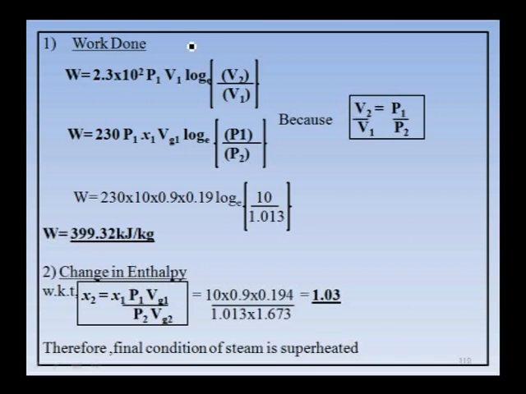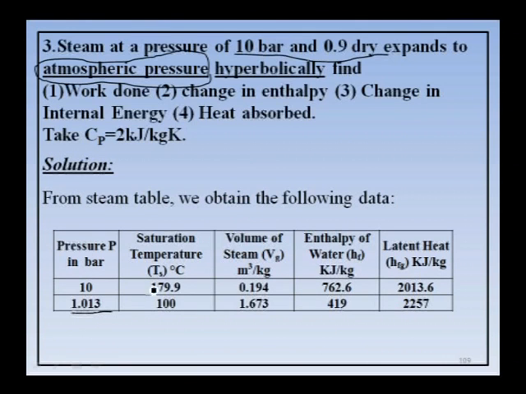In a hyperbolic process, work done W is equal to 2.3 P1 V1 log(V2/V1). See here, V2/V1 is equal to P1/P2. So, here I have taken P1/P2. Why? Because P1 and P2 are both known values, both given in the problem.